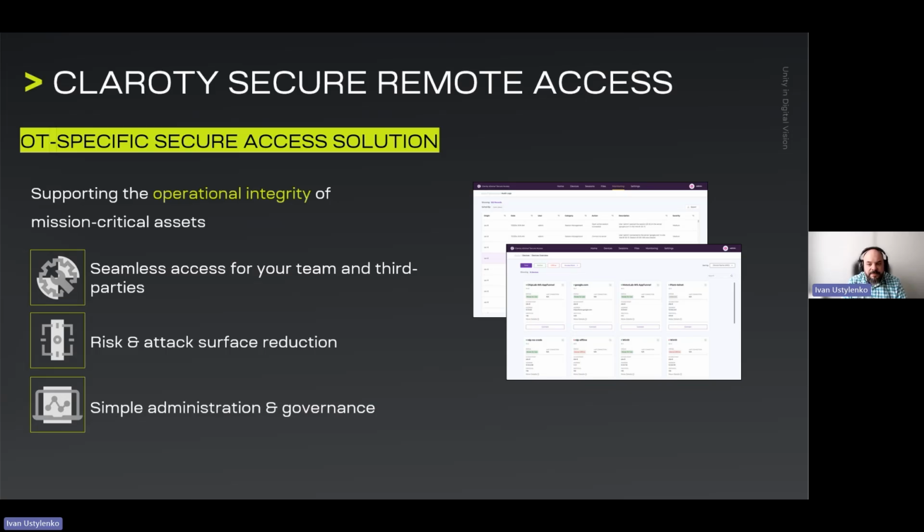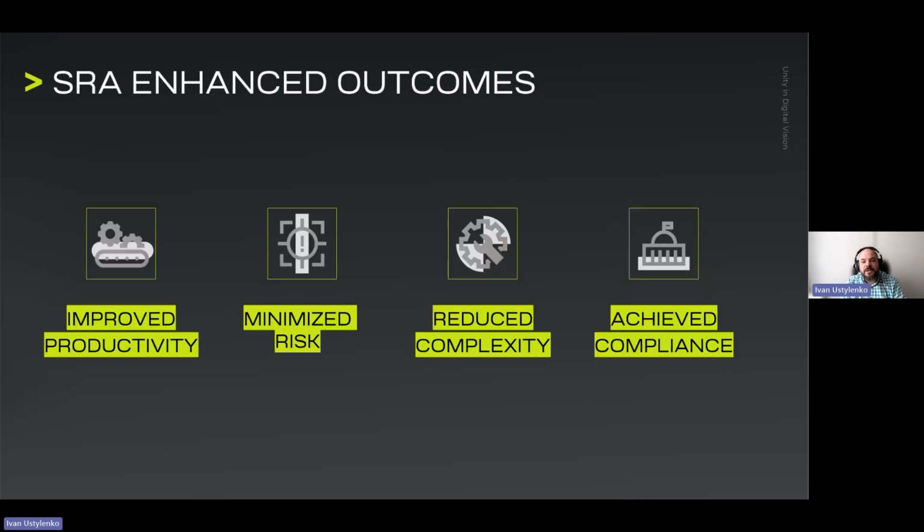The engineering teams can gain the access they need from anywhere and at any time, whenever they need it, while security teams that operate inside the company have total visibility and understanding of access requests and every associated risk. And for OT asset owners, Clarity SRA is a single tool to manage all access and asset visibility. So let's go into a bit more detail of the outcomes that come with using Clarity Secure Remote Access.